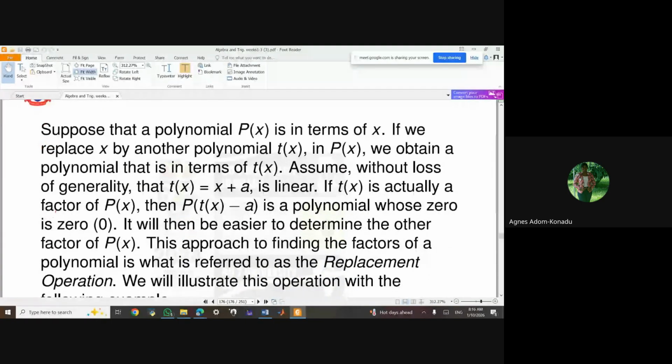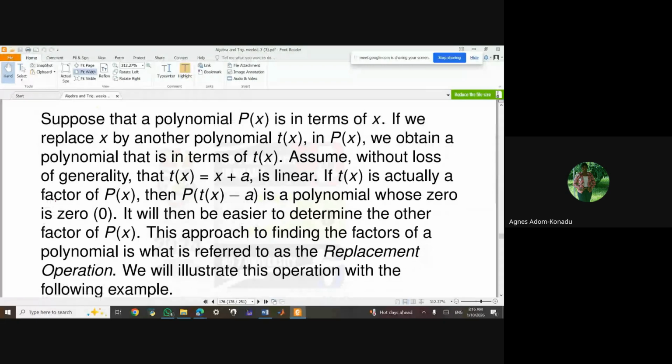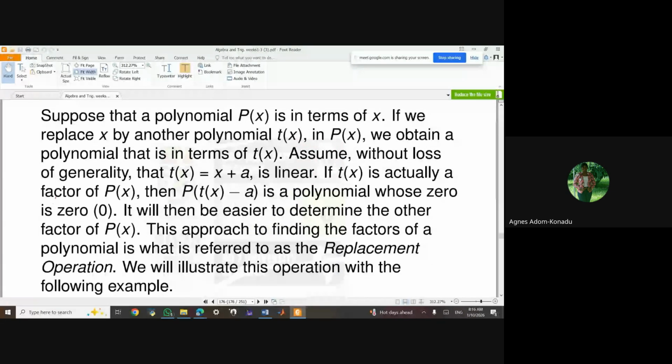The approach says that suppose a polynomial P of x is in terms of x. If we replace x by another polynomial T of x in P of x, we obtain a polynomial that is in terms of T of x. Assume without loss of generality that T of x is equal to x plus a, which is linear.